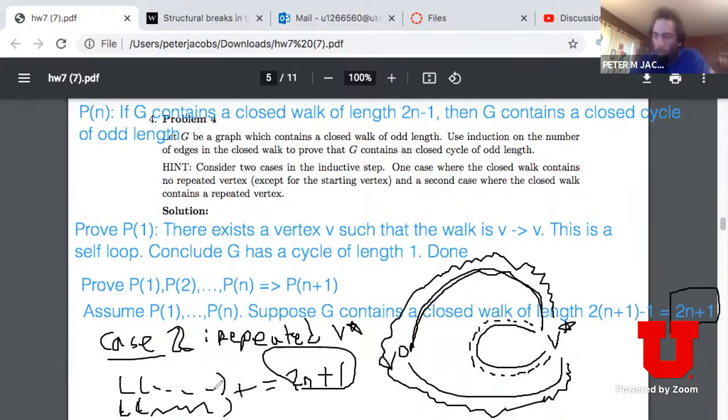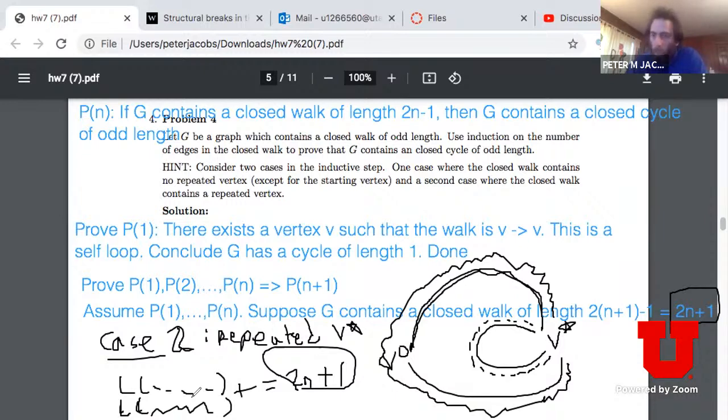They also have the sum of their lengths equal to 2n plus 1, and we already mentioned that one of these has to be odd length, and their lengths are now smaller than 2n plus 1. So if one of them is odd and its length is smaller than 2n plus 1, it can't be 2n because that's even. So its length is some odd number, which is 1 through 2n minus 1.